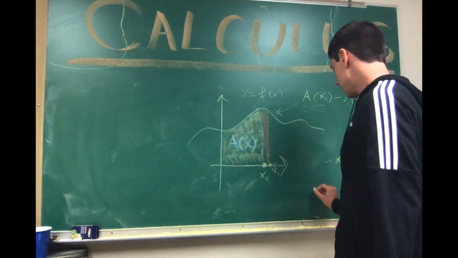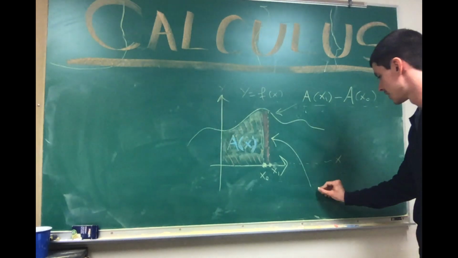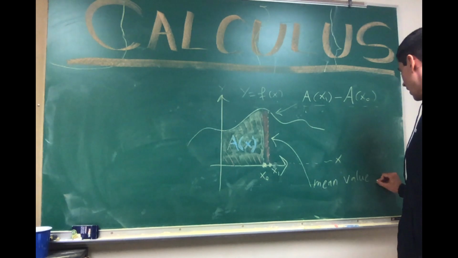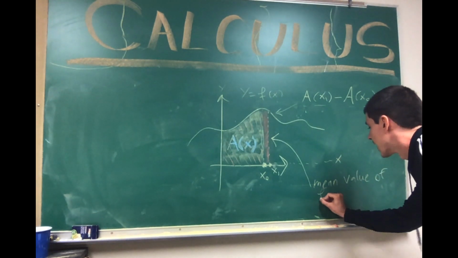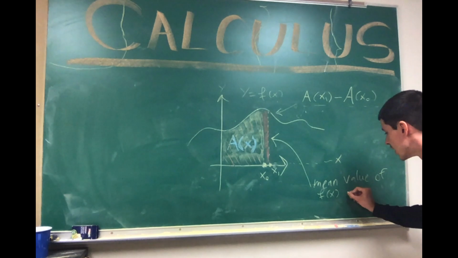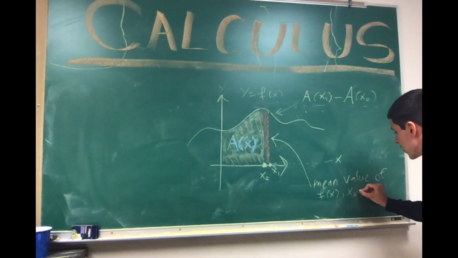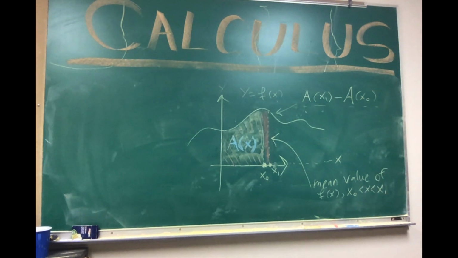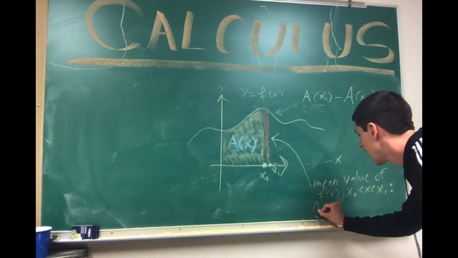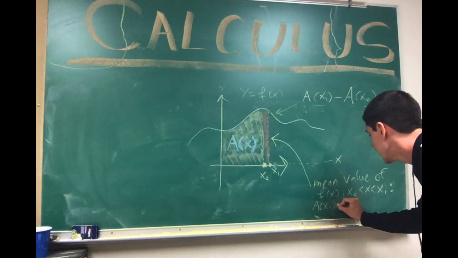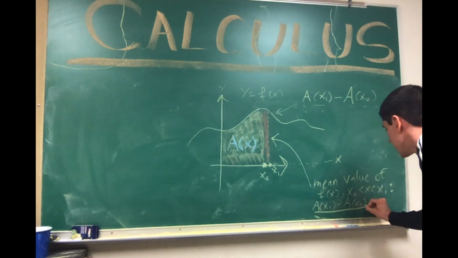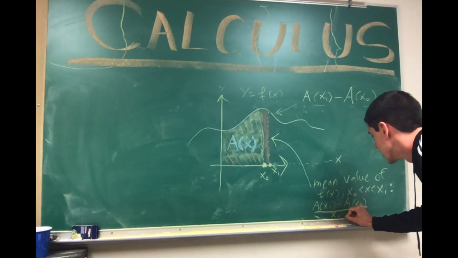But so the mean value of f of x in the region x0 less than x less than x1 is going to be A of x1 minus A of x0, the area, divided by x1 minus x0.